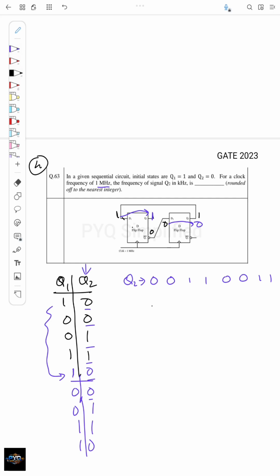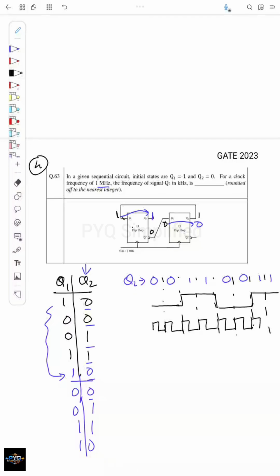I will draw the waveform here. It will be like this: 0 0 1 1, 0 0 1 1. And I will draw the clock too. So this happens at the rising edge of the first clock, then the next rising edge of the clock, and the next clock, like that.